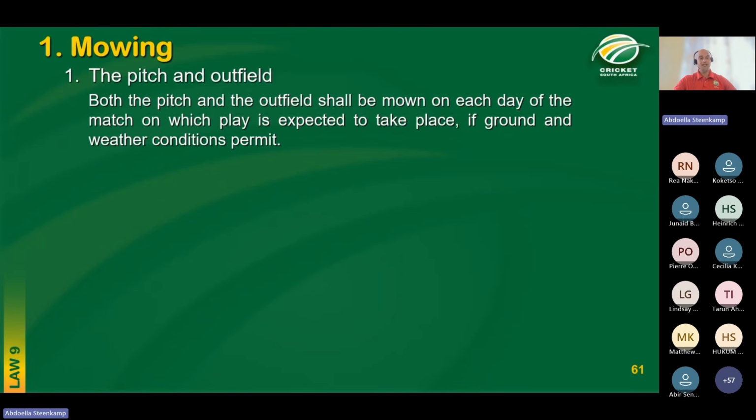Tom will tell us that the pitch needs to be covered on the evening of each day, so overnight the pitch needs to be covered. Tom will go into more detail in the next law. But the point I'm trying to make is that the pitch is covered in the evening, and the covers are then removed the next morning. You will be amazed to see how quickly the grass grows overnight.